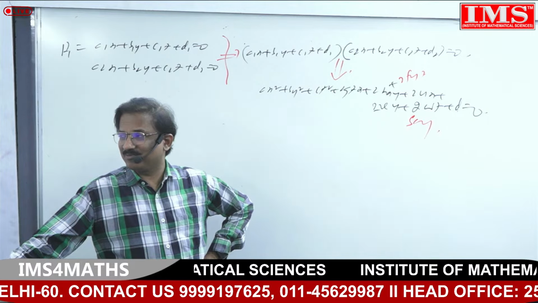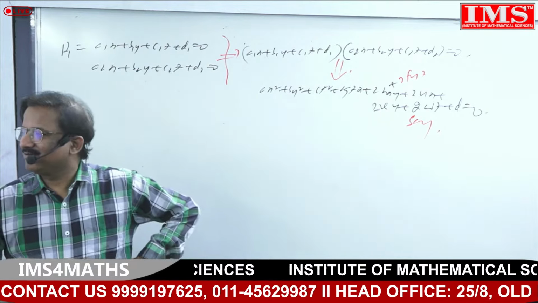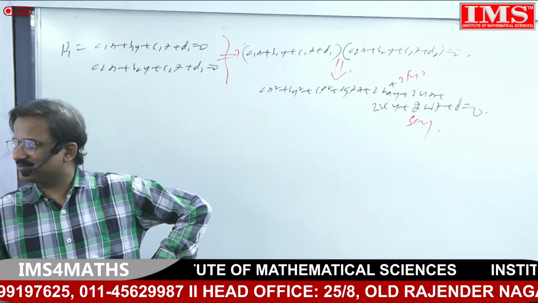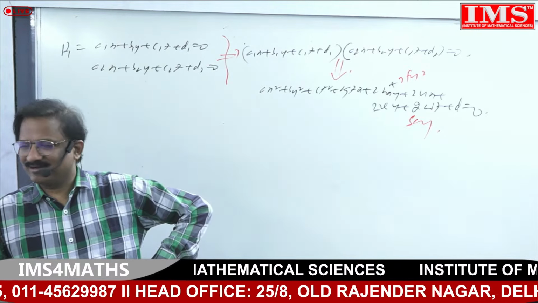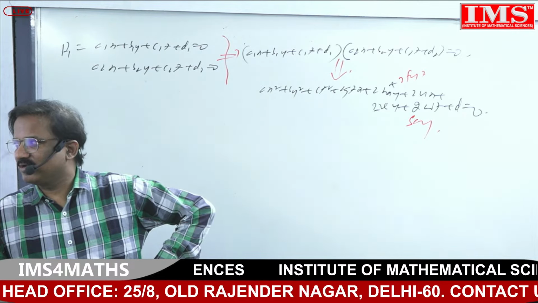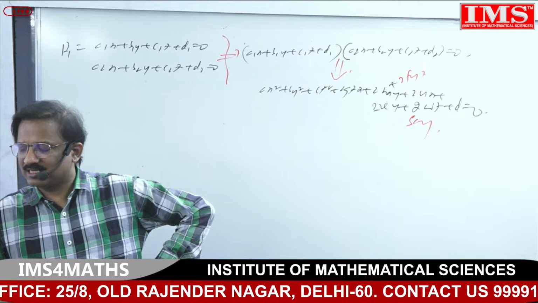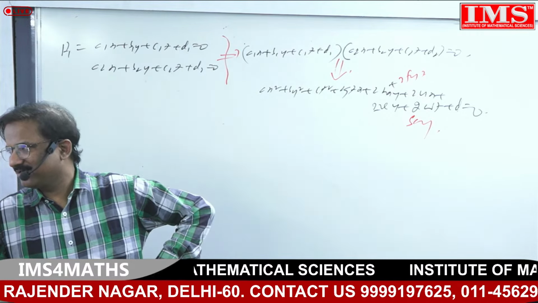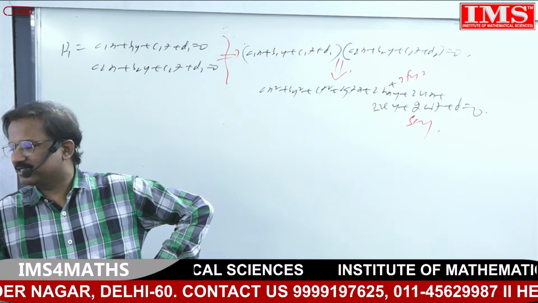No, I'm not putting this, h square equal to ab, f square equal to bc. That is a different case, where the pair of planes are going to be parallel and so on. Those kinds of conditions we are going to take later. We will not put those conditions here.